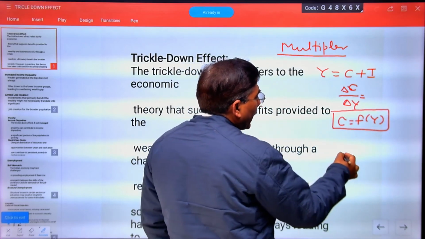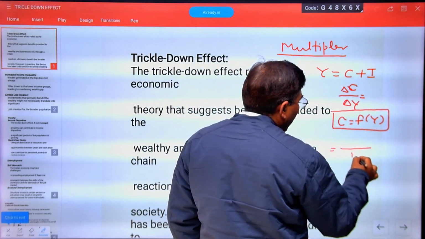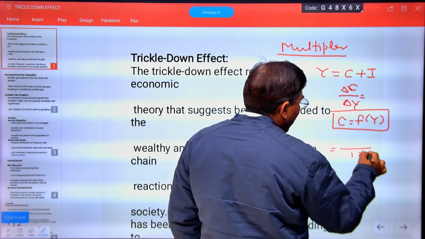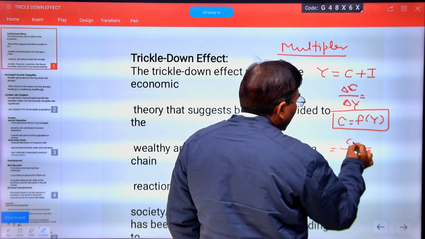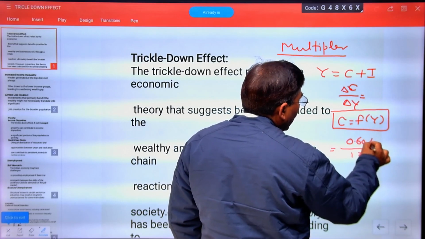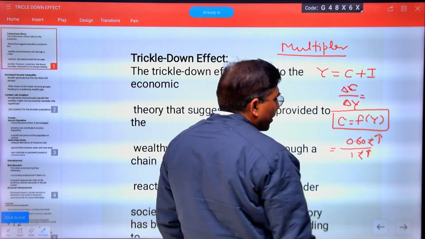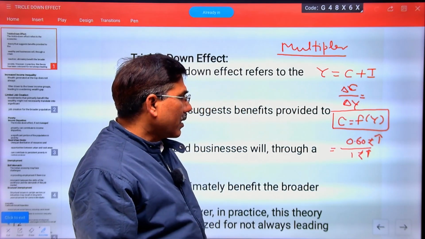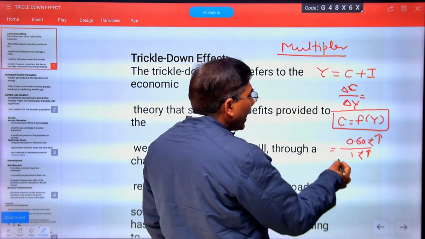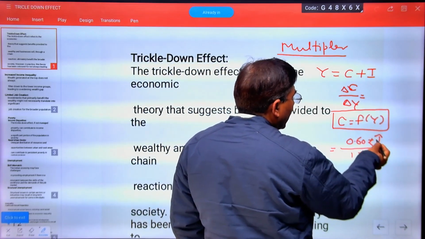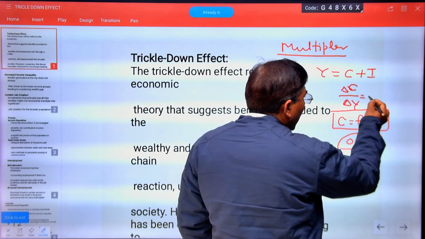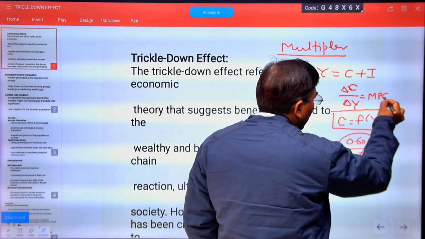Suppose you take the example of the Indian economy. If India's income increases by 1 rupee, then consumption in the society increases by 0.60 rupees. It means that is the marginal propensity to consume.